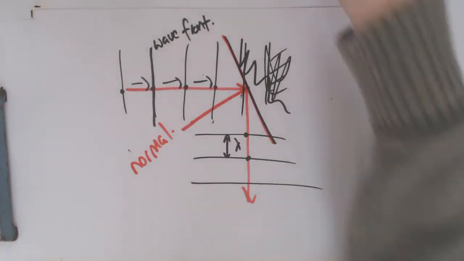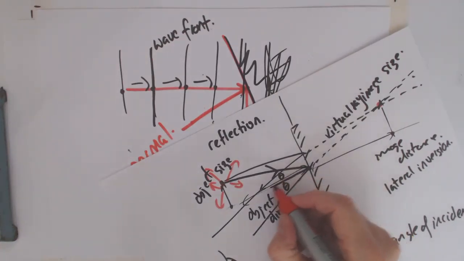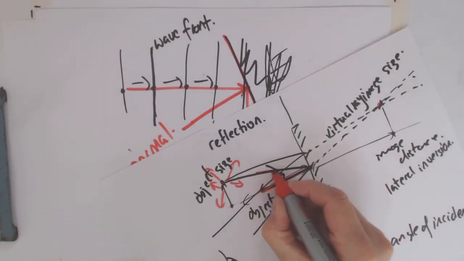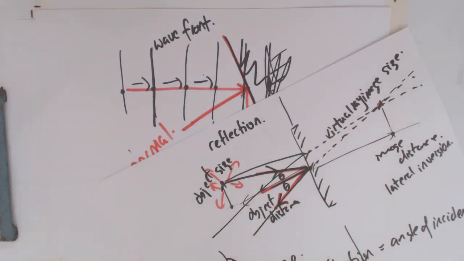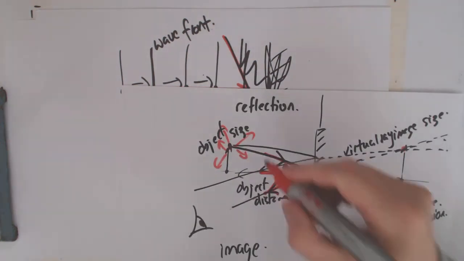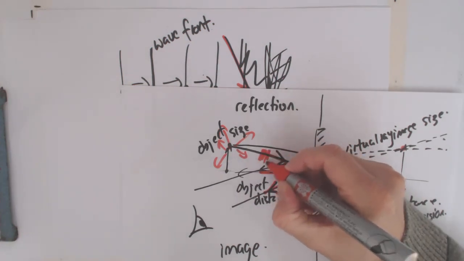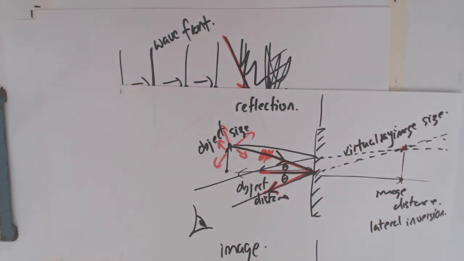On my first diagram, I put one in here. That wave came in and went like that. These light waves also have a wavelength, but remember it's so small, 1/2000th of a millimeter, we can't see it. So this is reflection.